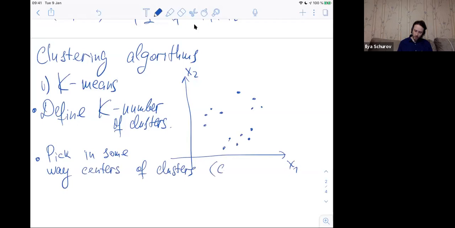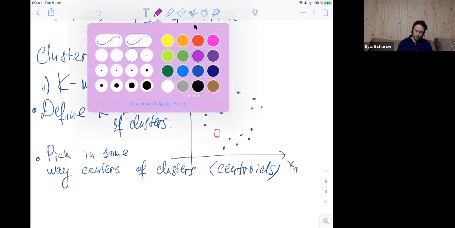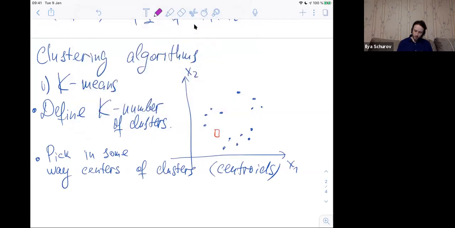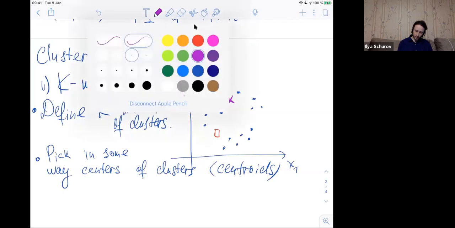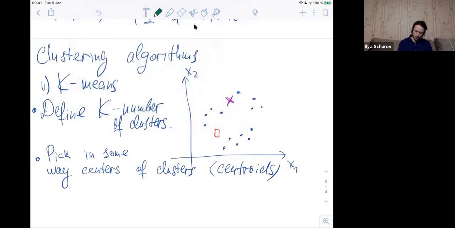They are called centroids. So it is possible that you just put some random points in your space. For example, I will put some point here, some point here, and some point here.